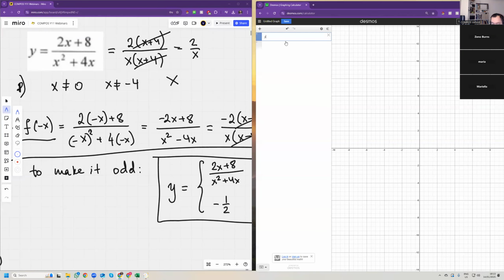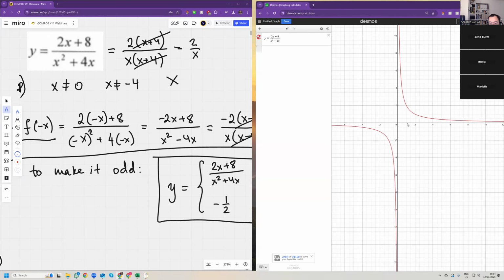So y is equal to 2x plus 8 over, oh, it doesn't work like that, it doesn't like that. So 2x plus 8 over x squared plus 4x.